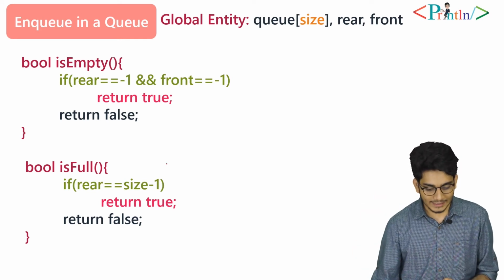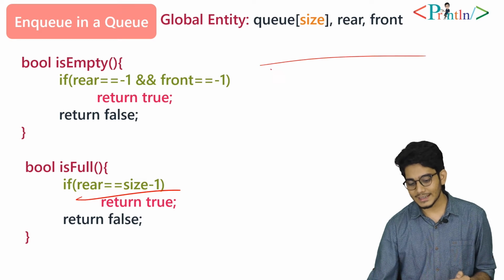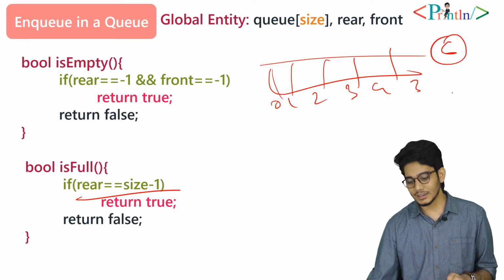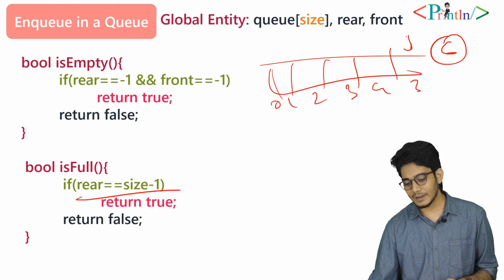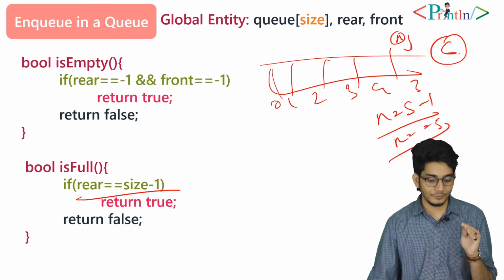We have to check whether rear equals size - 1 or not. Let's say we have indices 0, 1, 2, 3, 4, 5. What is the size of the queue? That is 6. If rear is here, rear equals size - 1, which means rear equals 5. It means we cannot insert anything into our queue.